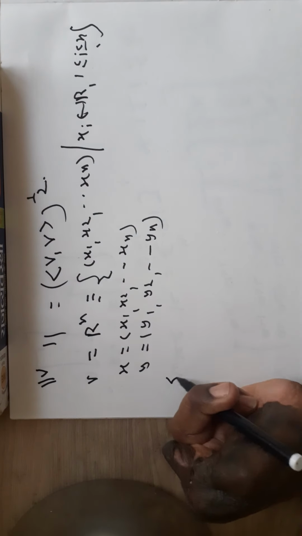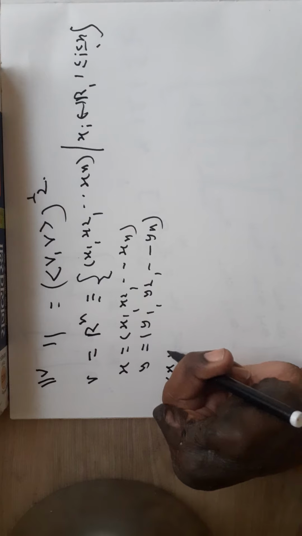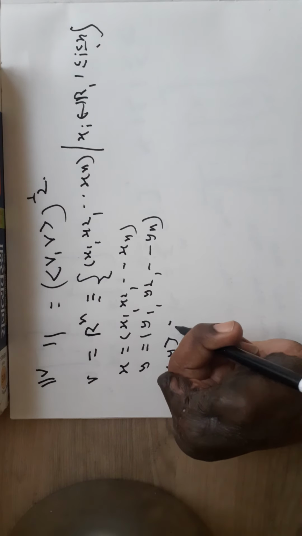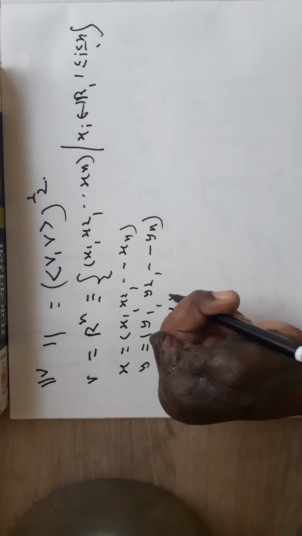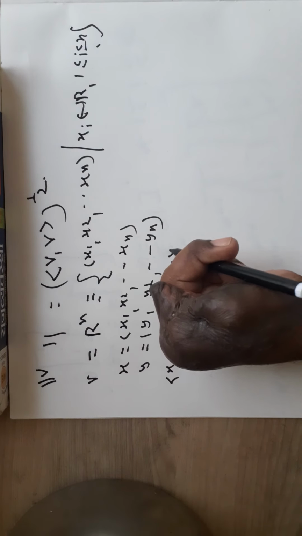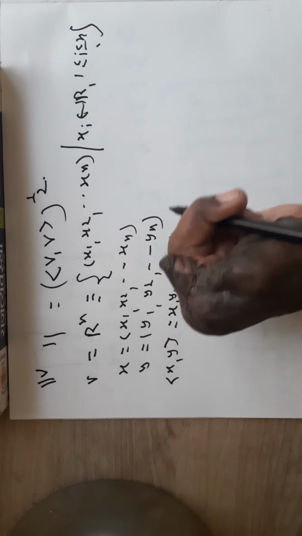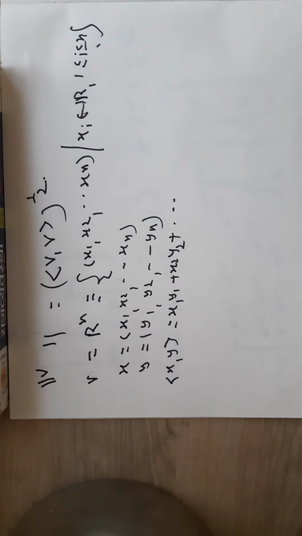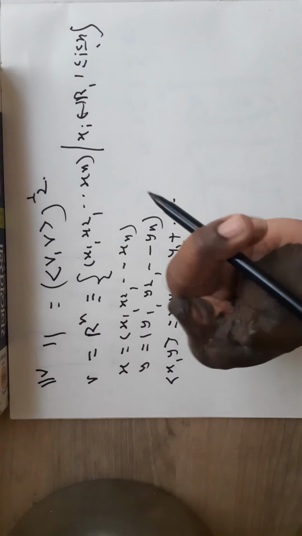then angle bracket x, y is equal to x1 y1 plus x2 y2 plus ... plus xn yn.